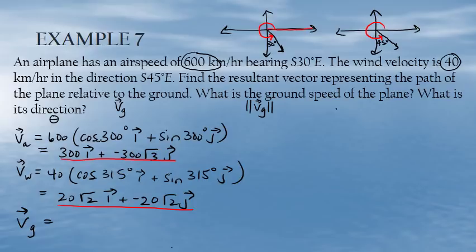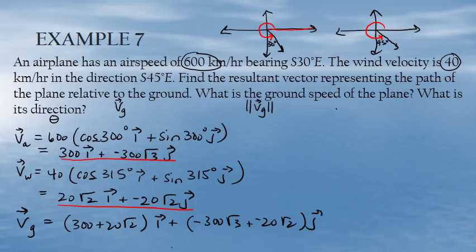And so I'm going to go ahead and just combine the i's together. That's going to give me (300 plus 20 root 2)i plus (negative 300 root 3 plus negative 20 root 2)j. I think that looks right.